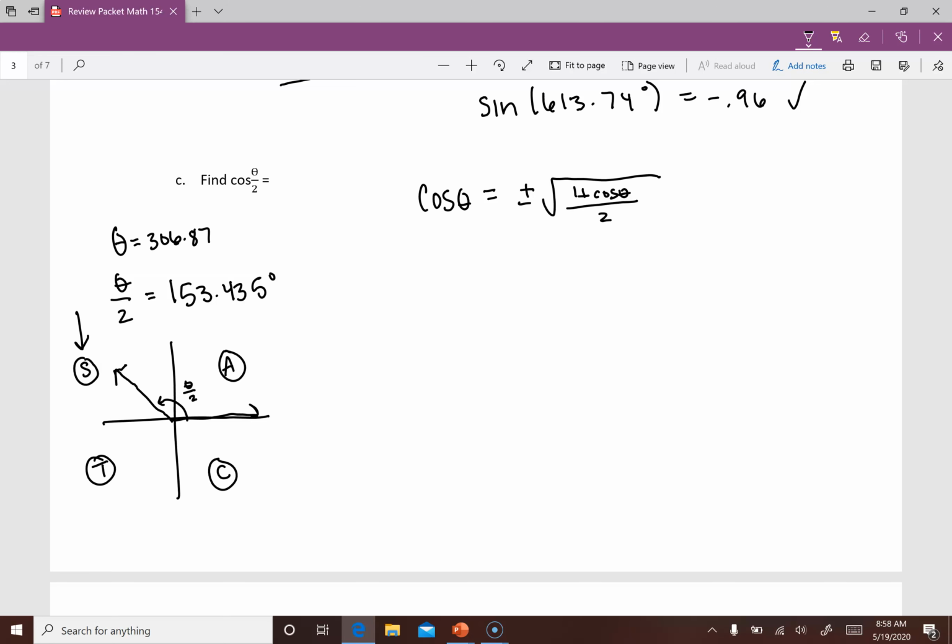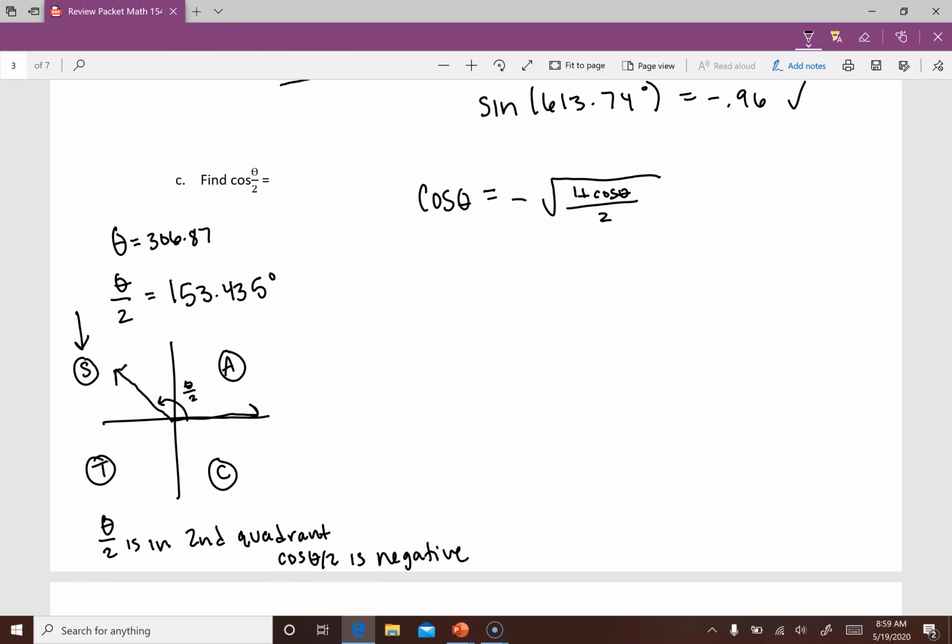So that means that cosine is negative in the second quadrant. So that means we're going to choose the negative version right here. Okay, so theta over 2 is in the second quadrant, which means that cosine theta over 2 is negative.